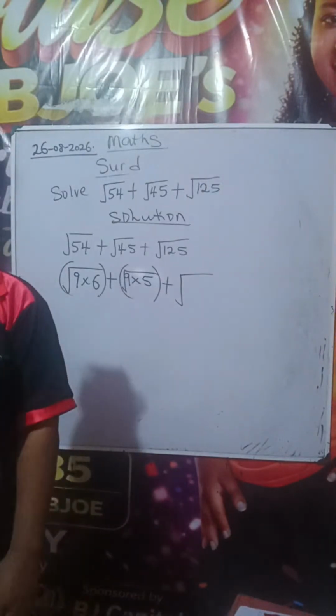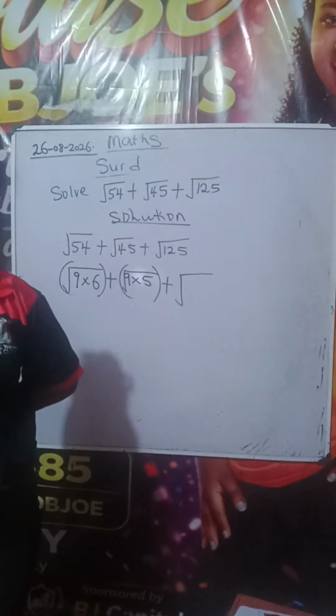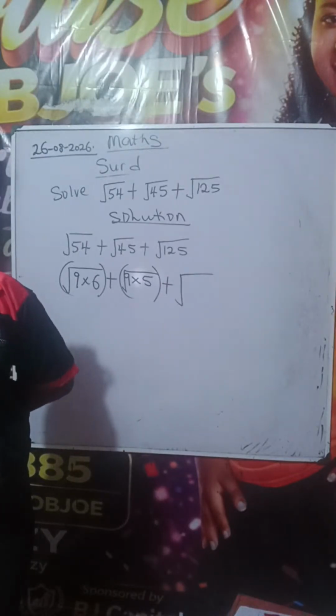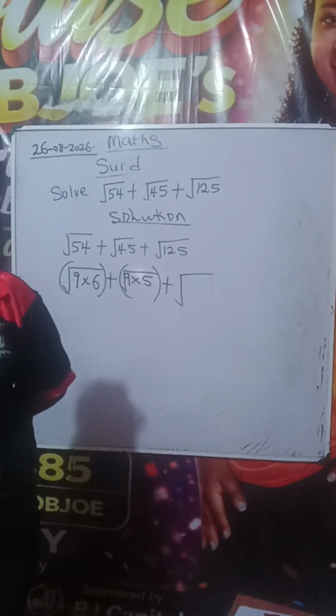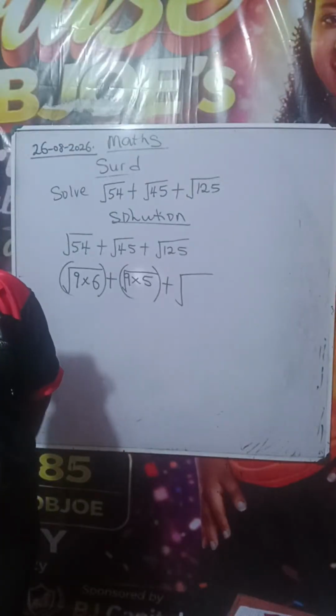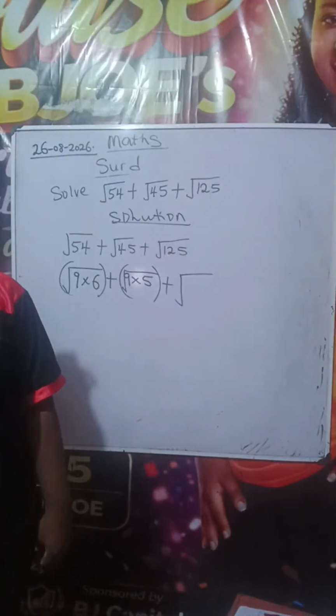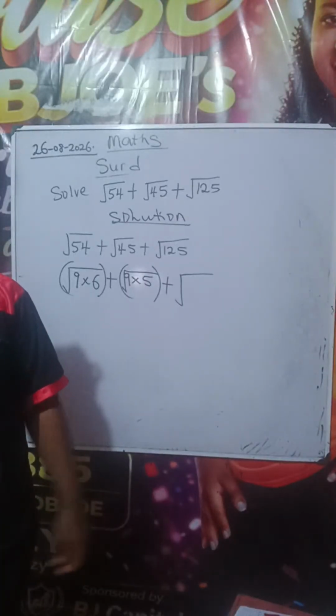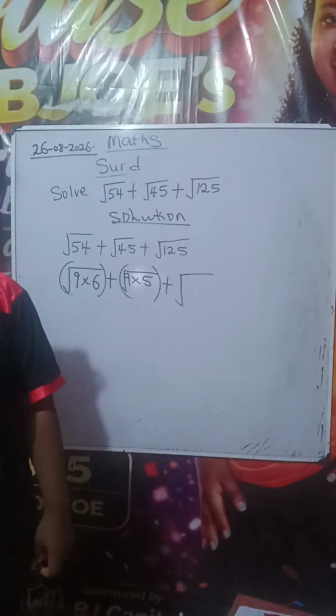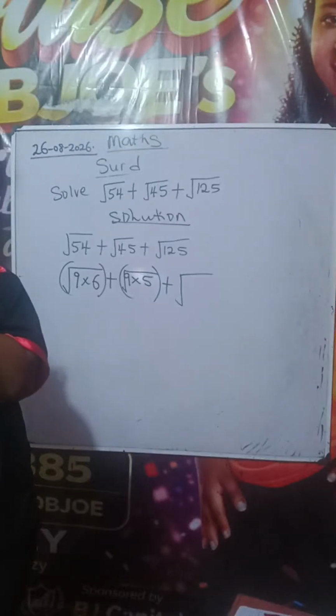Then plus this one, 125. So what will give us 125? But 125 is not 9 times something. 6 times 25?